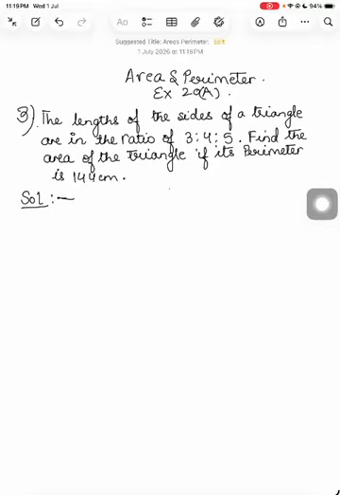What is given is the sides are given in the ratio of 3 is to 4 is to 5. That means these are the ratios of the sides. They are not the real side. But when we multiply each term of the ratio with the same constant, we get the real side.